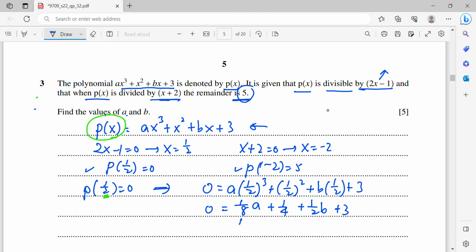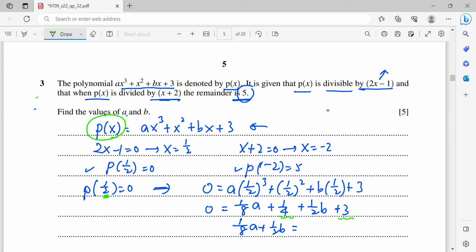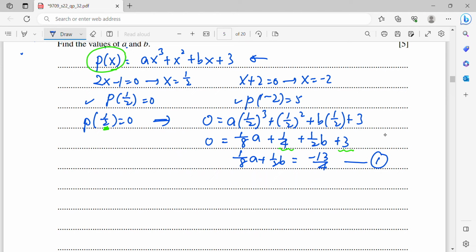Then I will further simplify. It will be 1 over 8 a plus half b equals, the constants will be moved to the other side, so it becomes negative 13 over 4. I'll let this be the first equation. Now by using p(negative 2) is 5, my p(x) will be 5, and replace the x by negative 2.